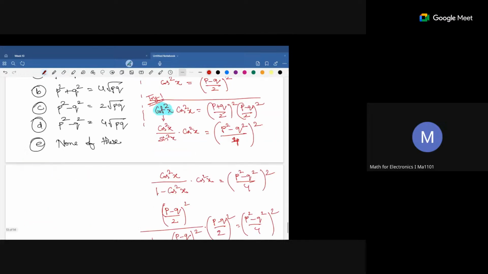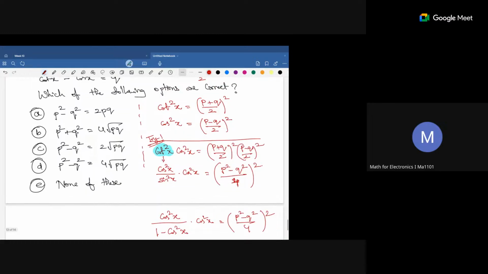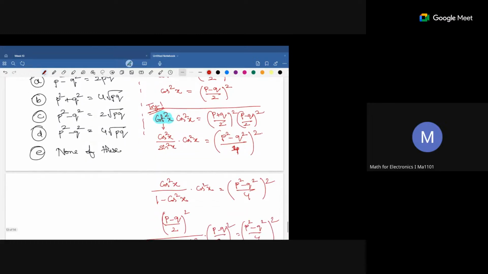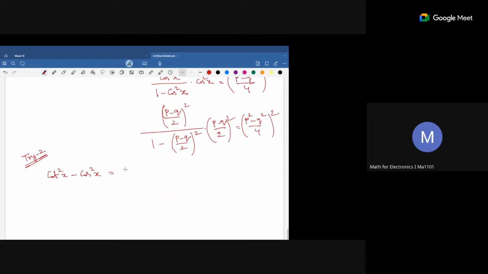So what will we have? We will have ((p plus q) by 2) whole square minus ((p minus q) by 2) whole square. Again, we will replace cot square x by cos square x by sine square x, minus cos square x, equals the right hand side.